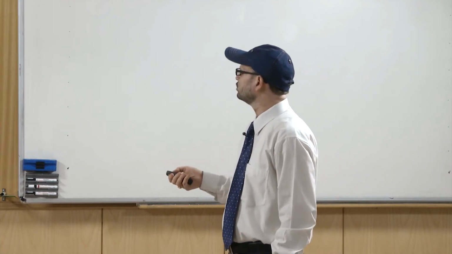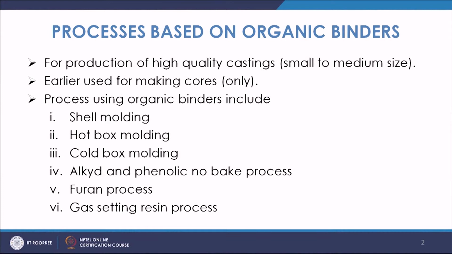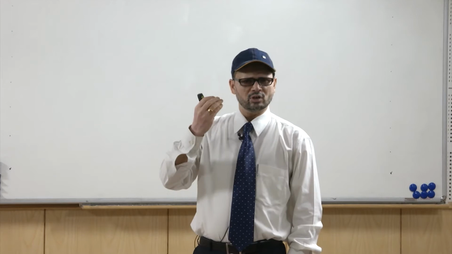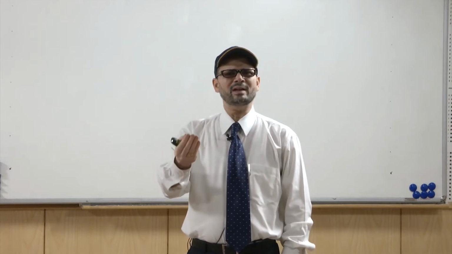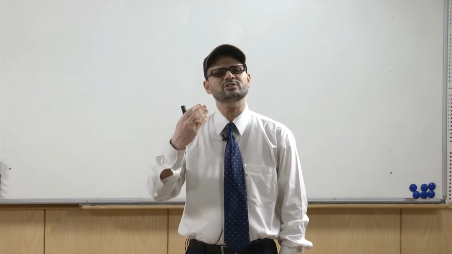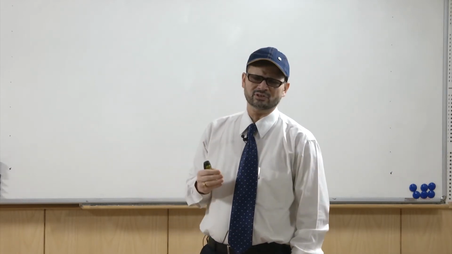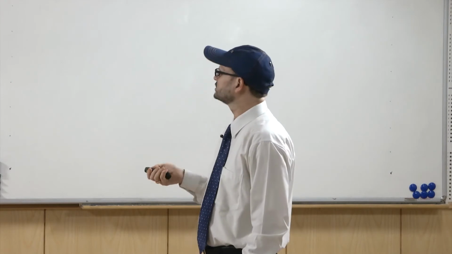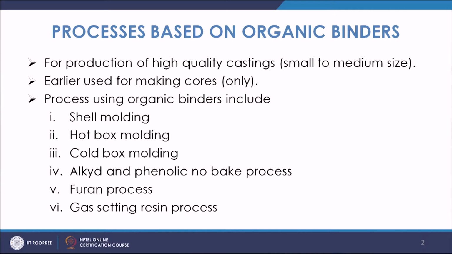Now, with the use of organic binders, you can make cores of good strength. Normally you can make a light core with a small thickness, but having good strength and good properties. So in those cases these organic binders are used.